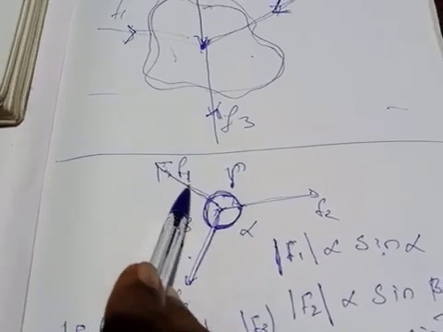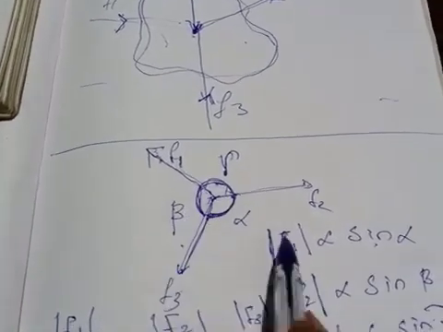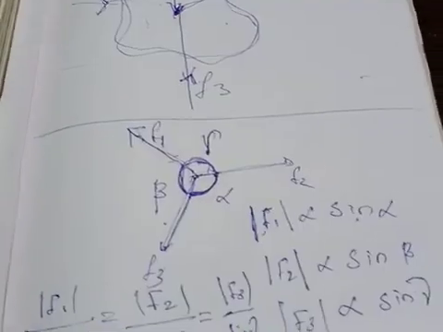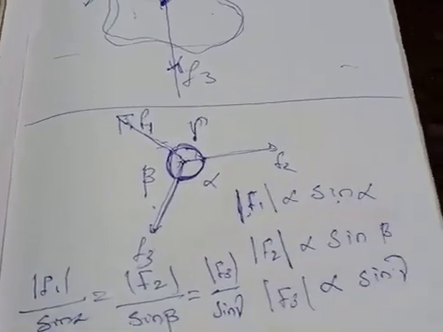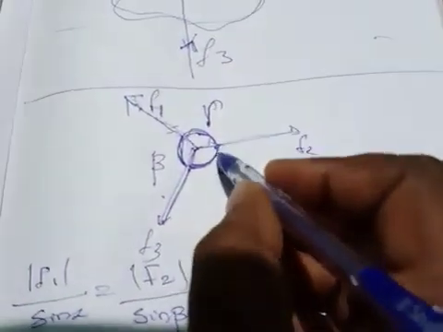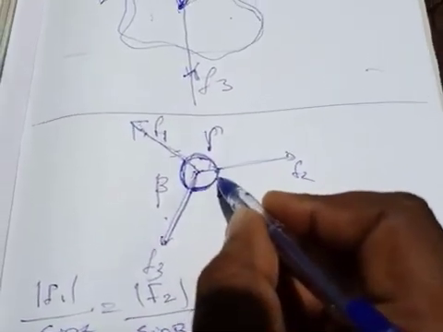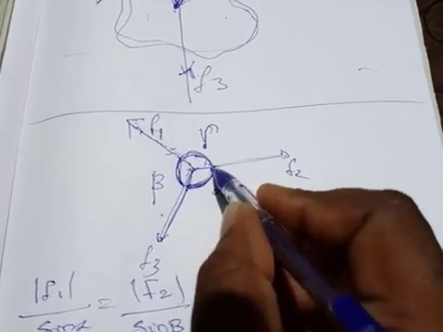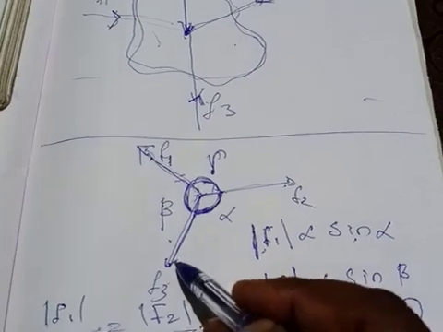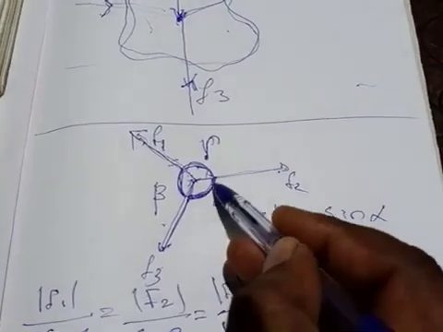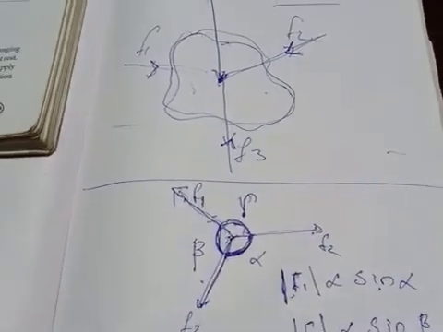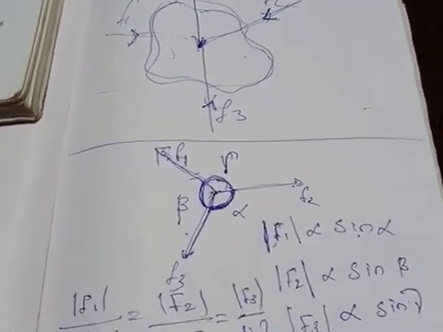If you are taking force 1, the magnitude of force 1 is proportional to the sine of the angle between the other two forces. So for this F1, F2 and F3 are the other two forces. That is Lami's theorem.